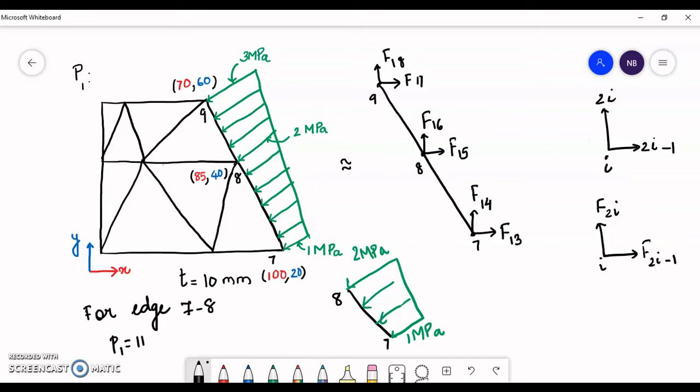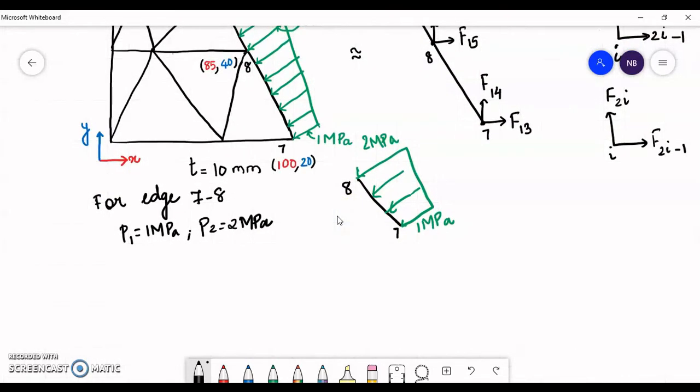So P1 is 1 MPa, P2 is 2 MPa. Let us write down the x and y coordinates. So x1 is 100 mm, y1 is 20 mm, x2 is 85 mm and y2 is 40 mm.